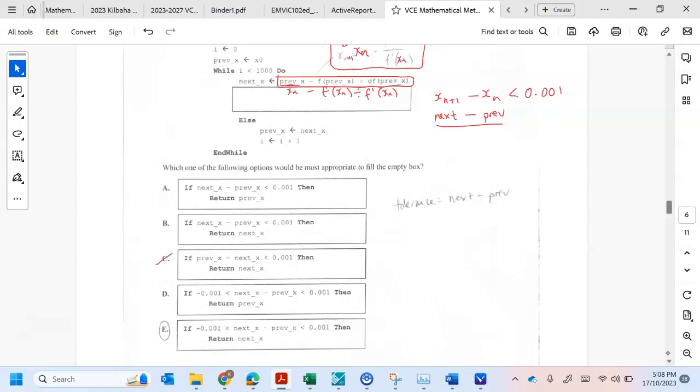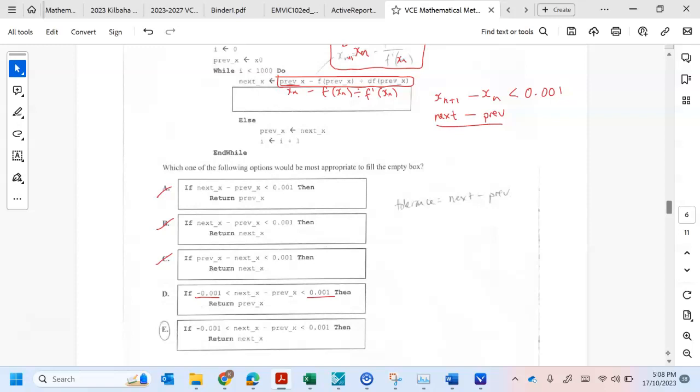So I'm going to cross out C because it's previous minus next. And because your two values could also be negative, we need both negative 0.001 and positive 0.001. All right, so we're just going to cross out A and cross out B. So it can either be D or E.